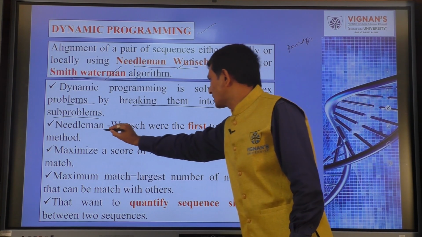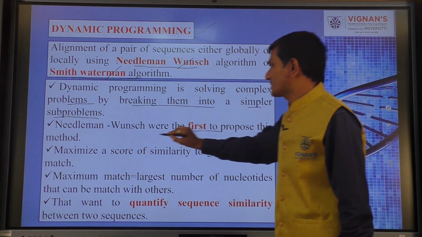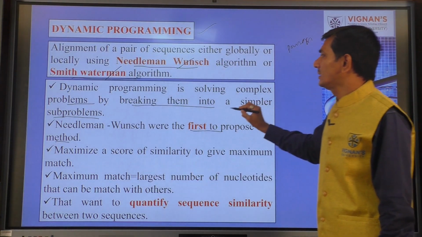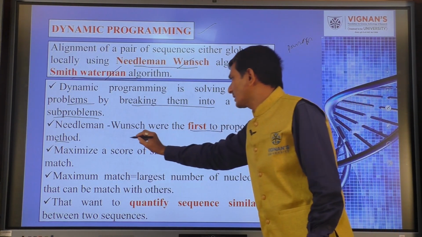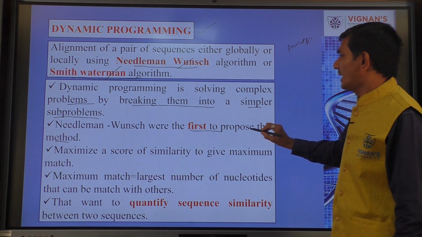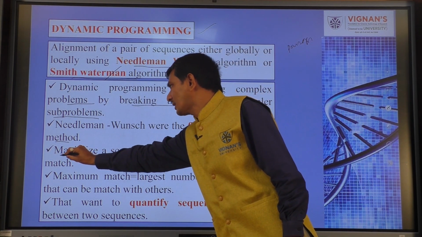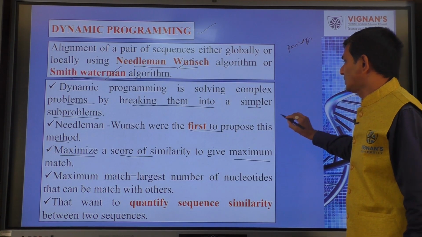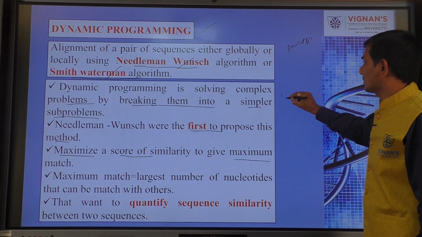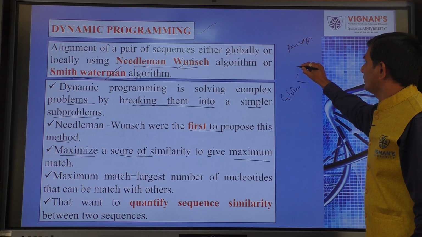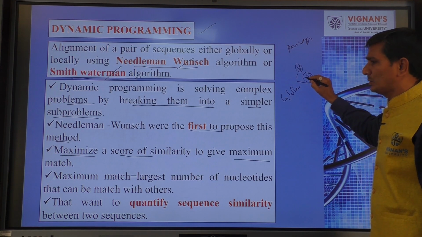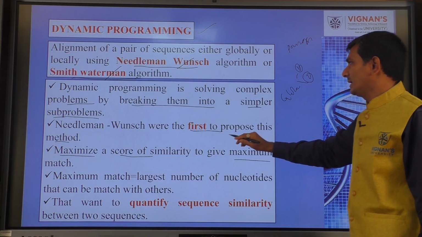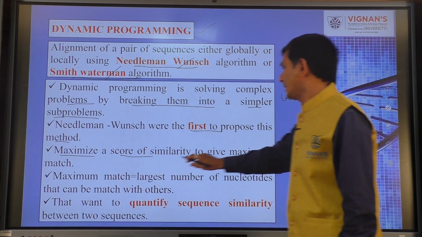Needleman and Wunsch were the first to propose this method, and the Needleman-Wunsch algorithm is mainly used for global alignment. It focuses on maximizing a score of similarity to give maximum match. To perform global alignment, at minimum we need two sequences, sequence 1 and sequence 2.